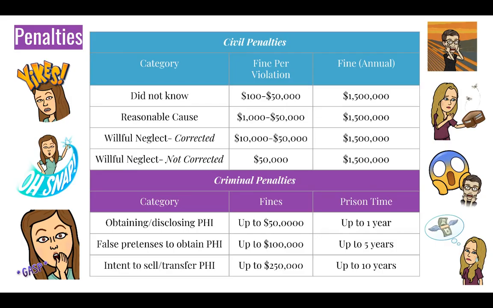All right, so this slide just goes over things that could happen if you do violate HIPAA. You can have civil penalties, you can have criminal penalties, and something that's pretty interesting to me is the first row is you didn't even know that you violated HIPAA.